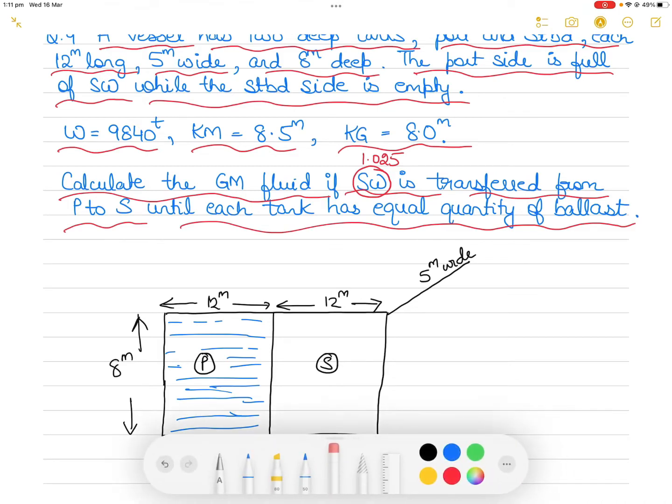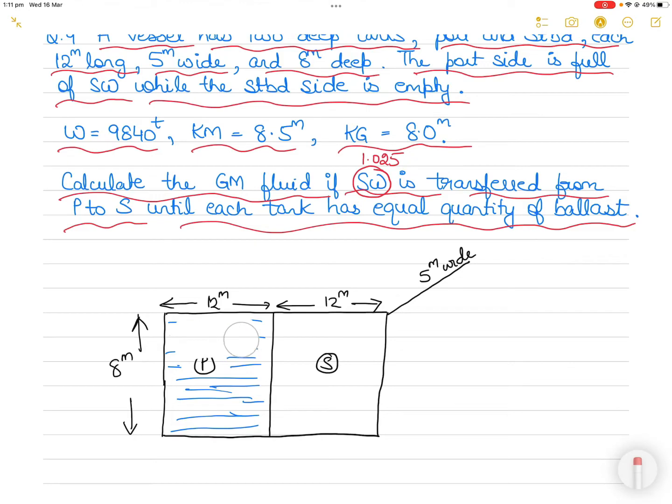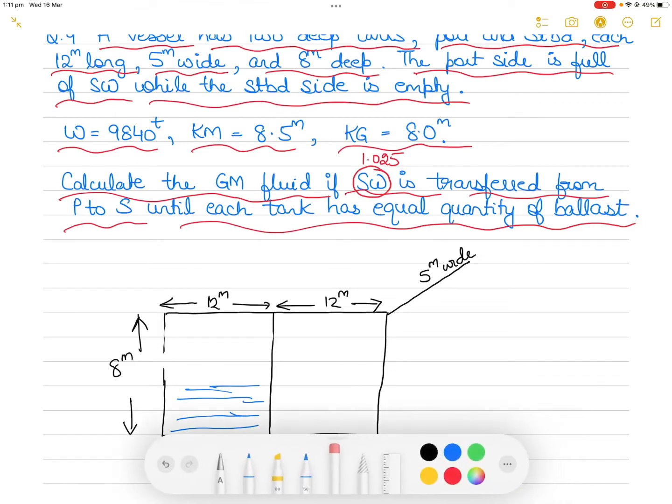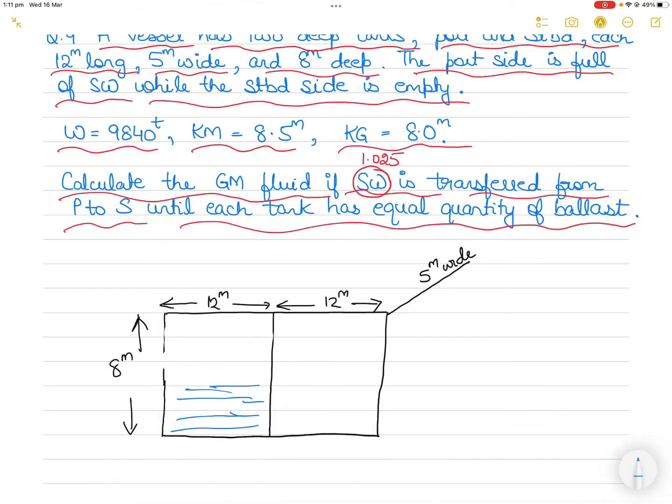So I will erase and assume that somewhere here is half of the tank, and now starboard is half full as well. Both tanks now have equal quantity of water, half each.